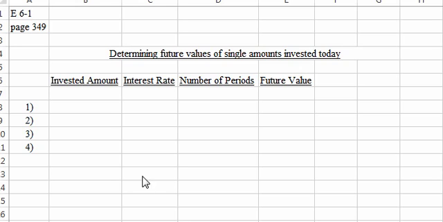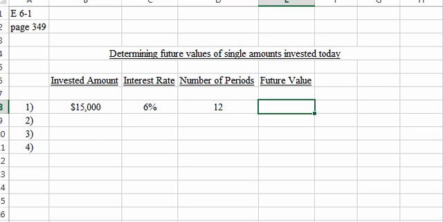Okay, on number 1, the amount invested is $15,000. They want us to assume an interest rate of 6%, and the number of interest payment periods is 12.